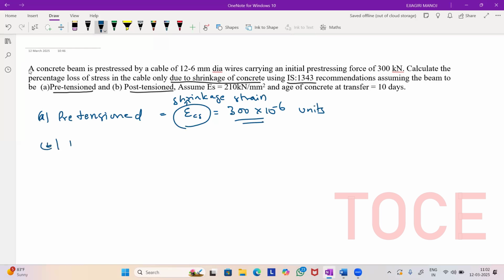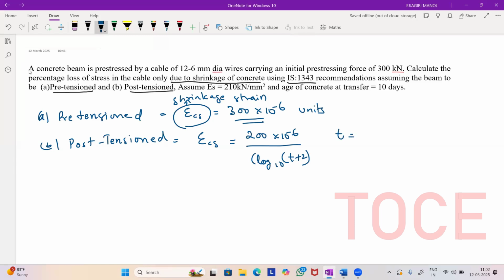And for post-tension, the ultimate shrinkage strain will be 200 into 10 to the power of minus 6 divided by log base 10 of (T plus 2). Here T represents the age of concrete at the time of transferring the pre-stress.